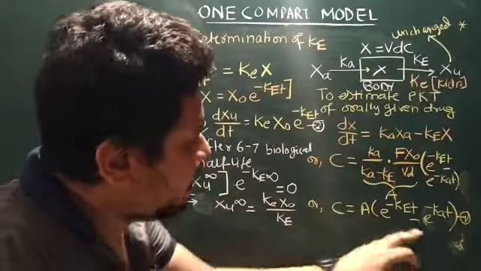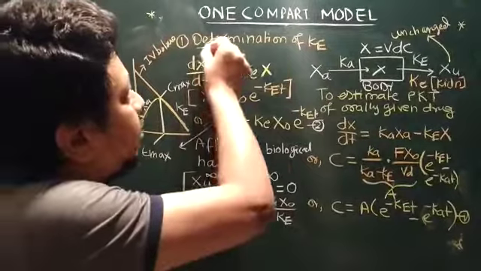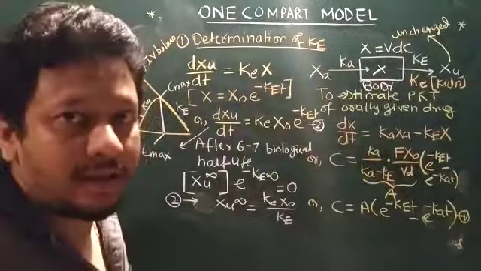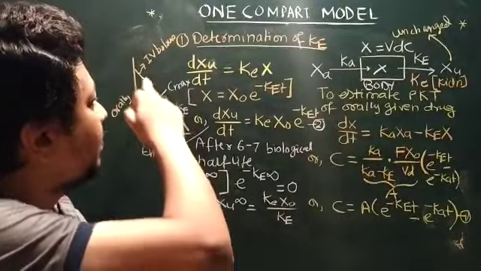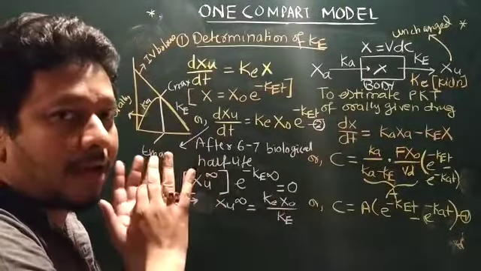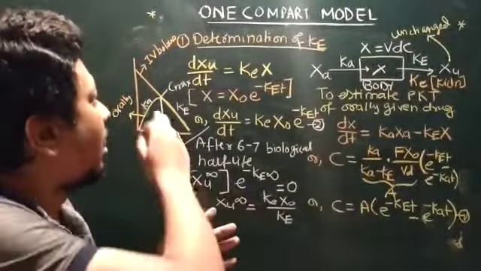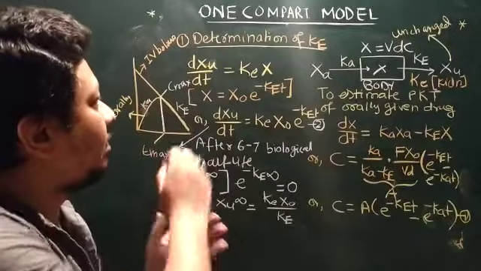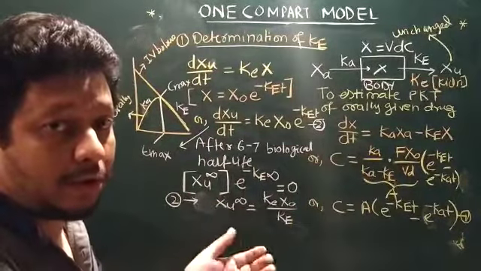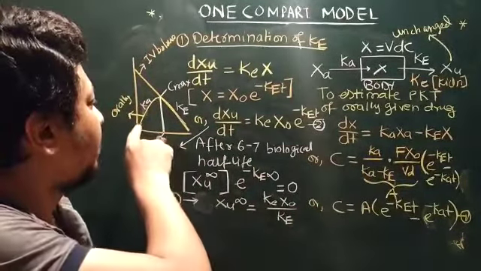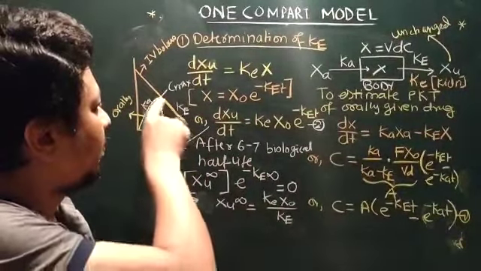Now after this, the first parameter is the determination of Ke. We can determine Ke with the help of IV bolus. If you see this graph, this graph indicates IV bolus. Now over here we are not giving this drug in IV form, it is given orally, so in that case we have to see this particular graph.